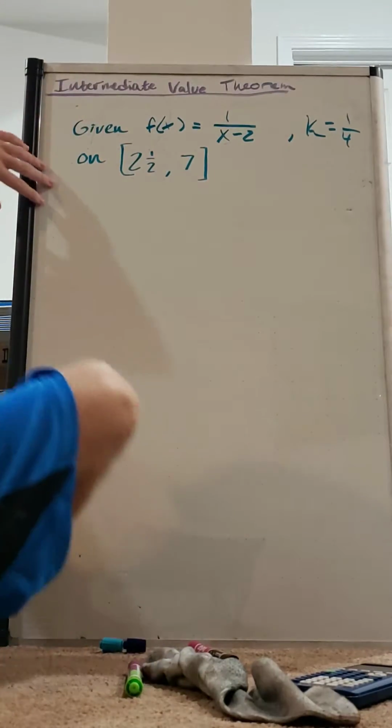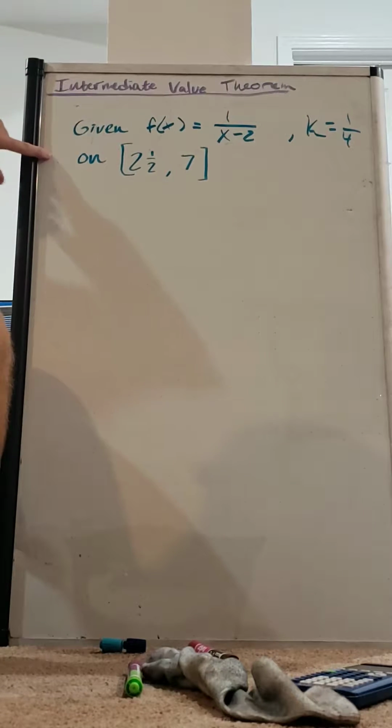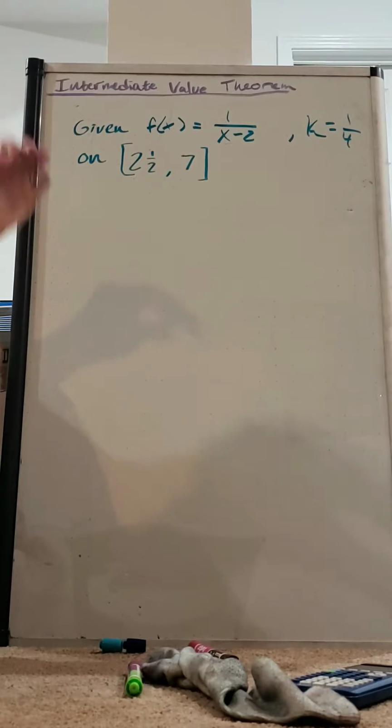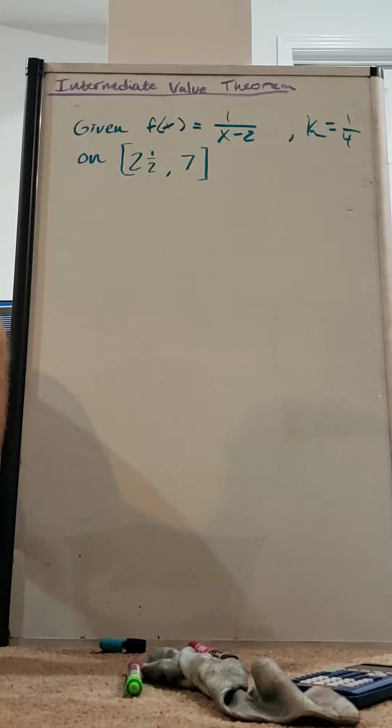So we're given this information, and we have to state if the intermediate value theorem holds for this function and value of k, and then if it does, we have to find where this function equals 1/4.